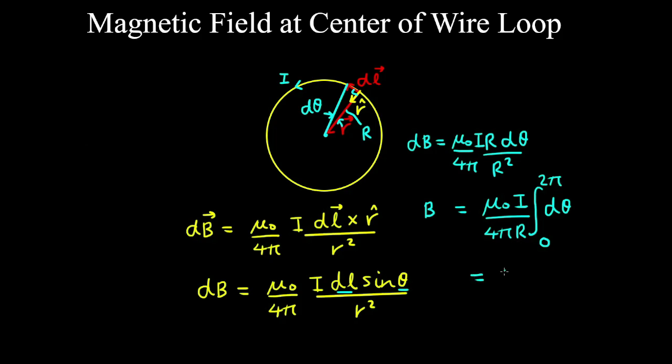So what we get is the magnetic permeability by I by 2 pi on 4 pi r. So therefore the magnitude of the magnetic field vector is mu naught by I on 2r.